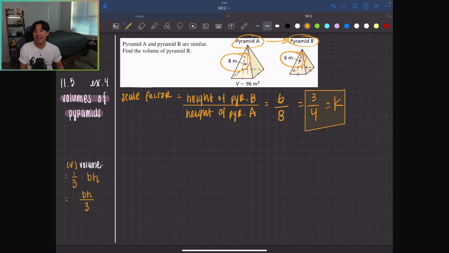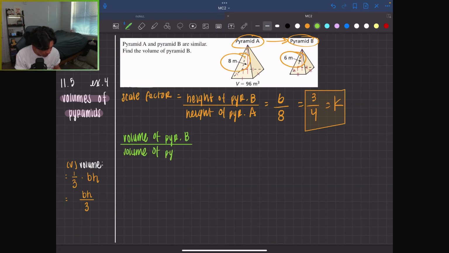We're going to use that value to help us find the volume of Pyramid B. How are we going to do that? First, we create a ratio of the volumes. So the volume of Pyramid B over the volume of Pyramid A equals our scale factor cubed.